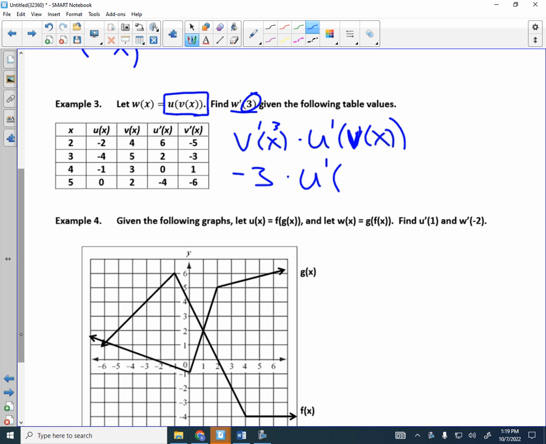V of 3 is 5. So now I have to determine u prime of 5. So I have negative 3 times, what's u prime of 5? Negative 4, right there. Good. Negative 4, so the answer is 12. Let's go. That's too easy.